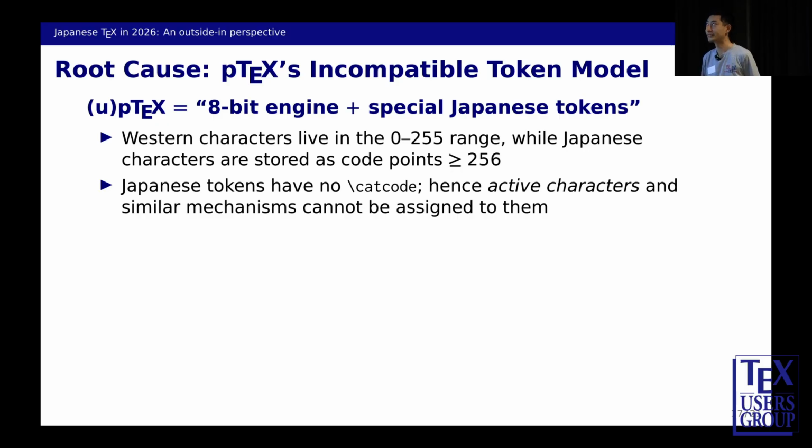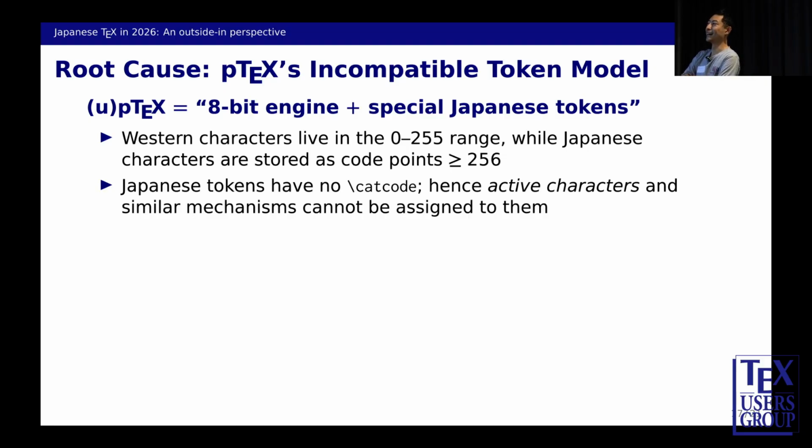So the root cause is basically the pTeX incompatible specification, specifically the token model. Like I said, pTeX and also upTeX is just an 8-bit engine if Western developers look at it. So besides the multi-byte letters, the Western characters in the 0 to 255 range are just 8-bit TeX.